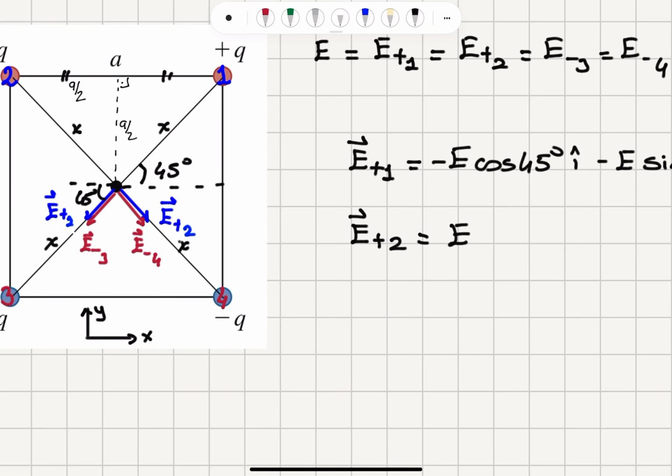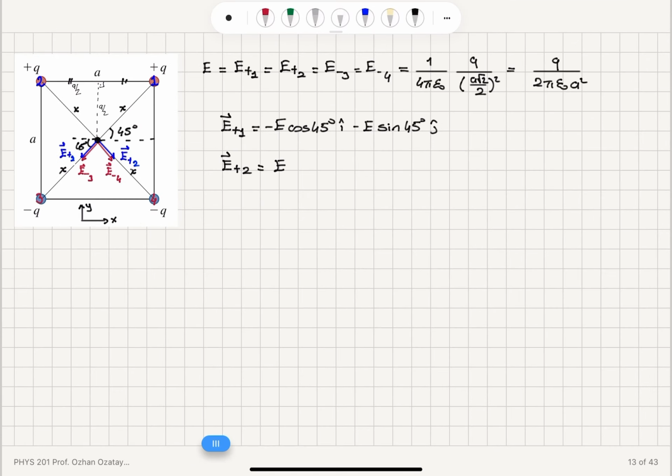So that creates this electric field, cosine 45 in plus I hat, sine 45 in minus j hat direction. So E cosine 45 I hat minus E sine 45 j hat.